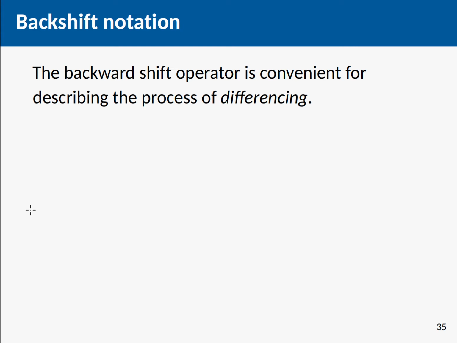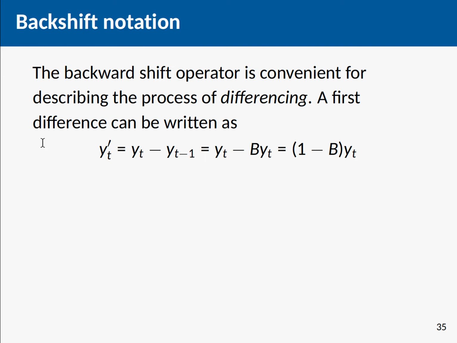The backshift operator or the lag operator is a very convenient tool for describing the process of differencing. If you want to use the backshift notation for first differencing, you can rewrite the expression of the change in yt, which is yt minus yt minus 1, in the following way.